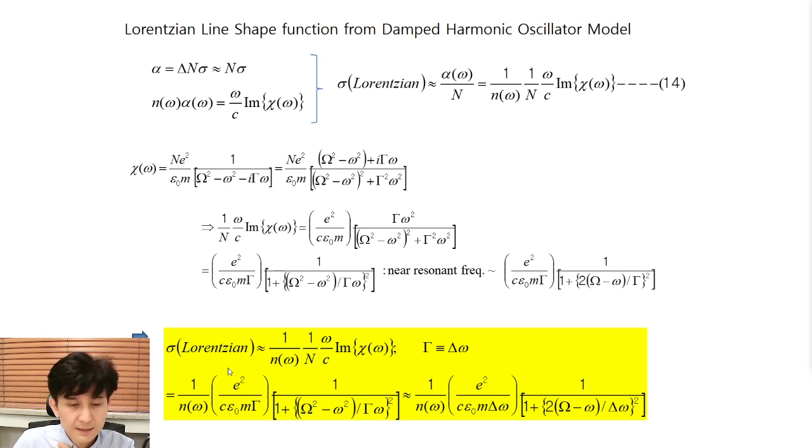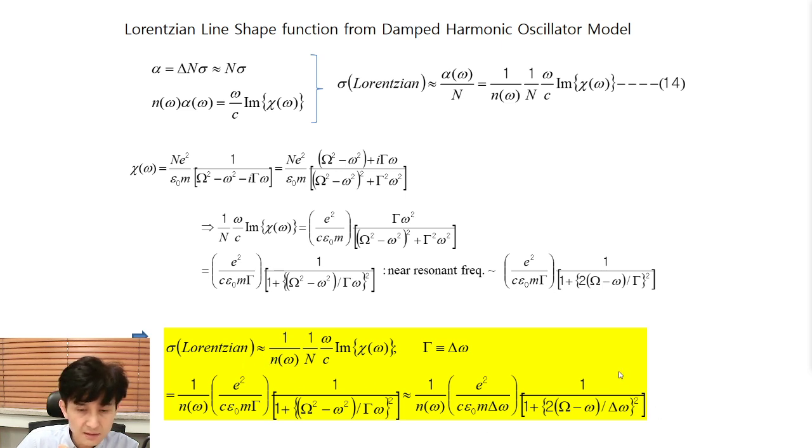And with this relation, as we derived alpha as a function of omega at the beginning of this course, we can derive the spectral variation of sigma as a function of omega.